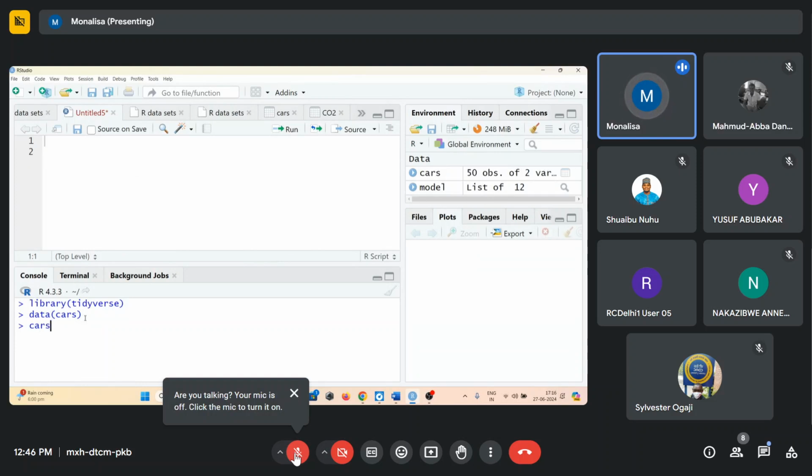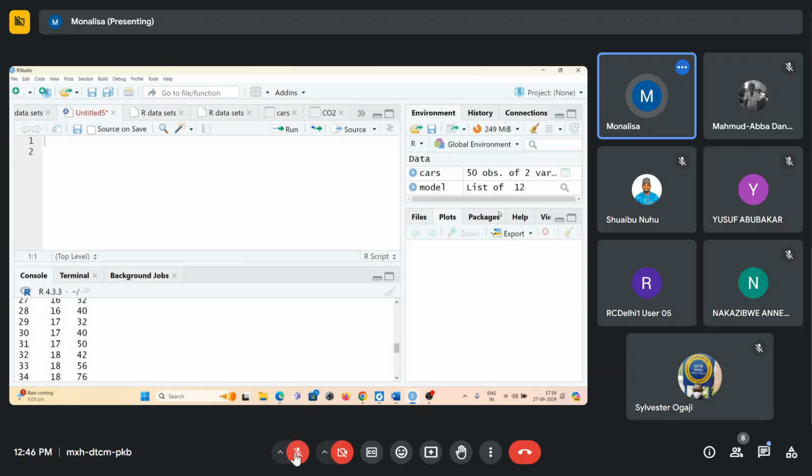Whenever I use cars, you can see that it has two variables and 50 observations. You can directly bring the data set in this way, or you can write View, with a capital V, and within brackets write the data set you want to view. So there are two methods, and you can choose either one according to your convenience, right?